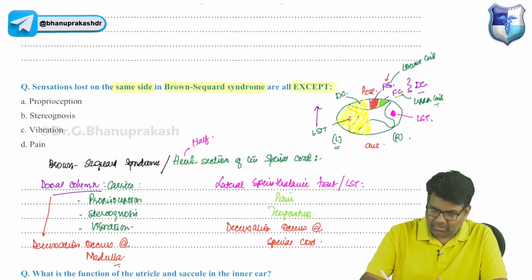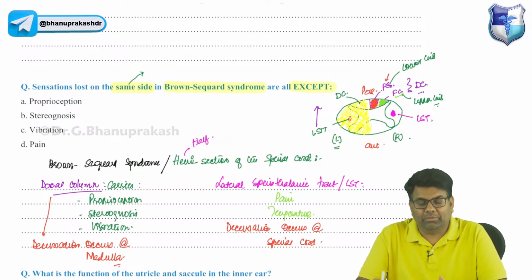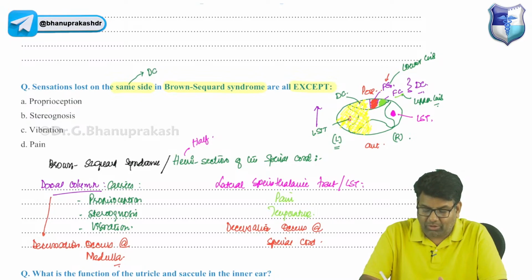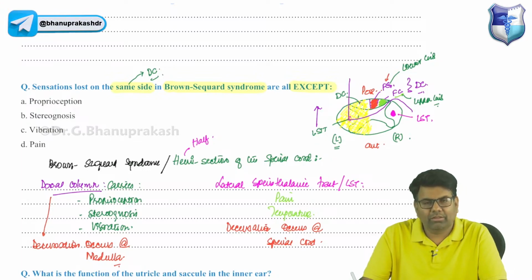So whatever modalities are going to be affected on the same side are the ones carried by the dorsal column. Now the lateral spinothalamic tract which is injured is actually the one which has come from the other side and then crossed, right?